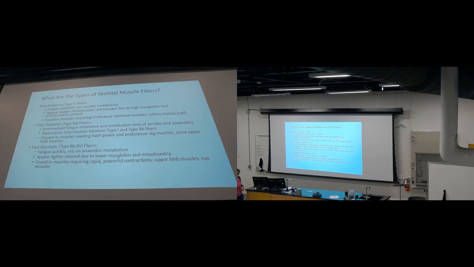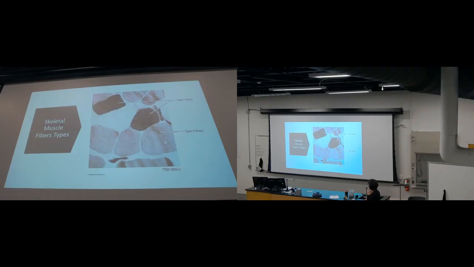So these muscle fibers are more easily fatigued, the 2B than the 2A or the 1. So this is how these different fibers look. We have here type 1 and type 2. So these are darker than these ones.